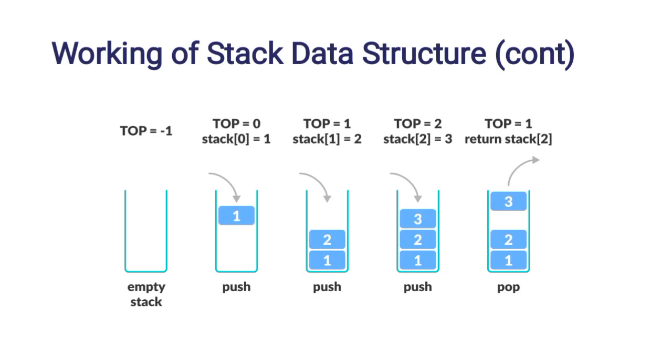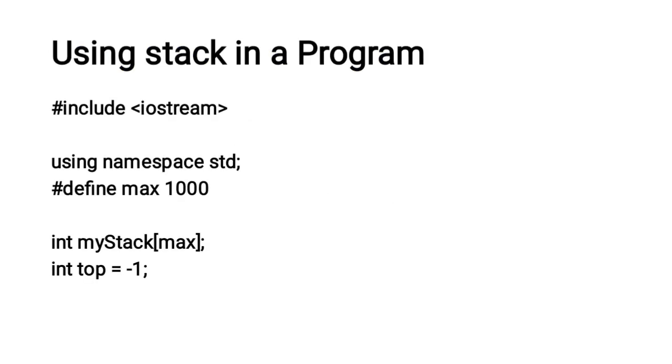We have reduced the value of top, or decremented the value of top by 1. If we decrement the value of top, it means that we are removing an element from the top of the stack.